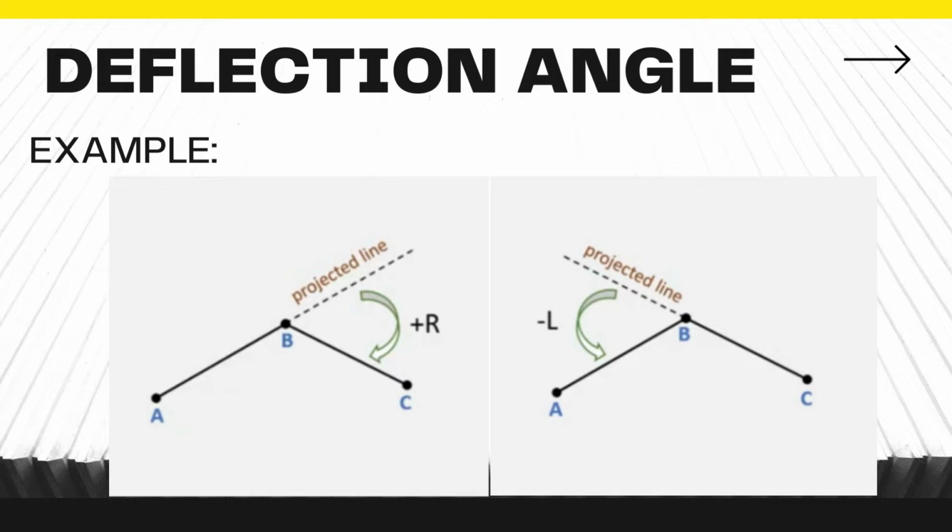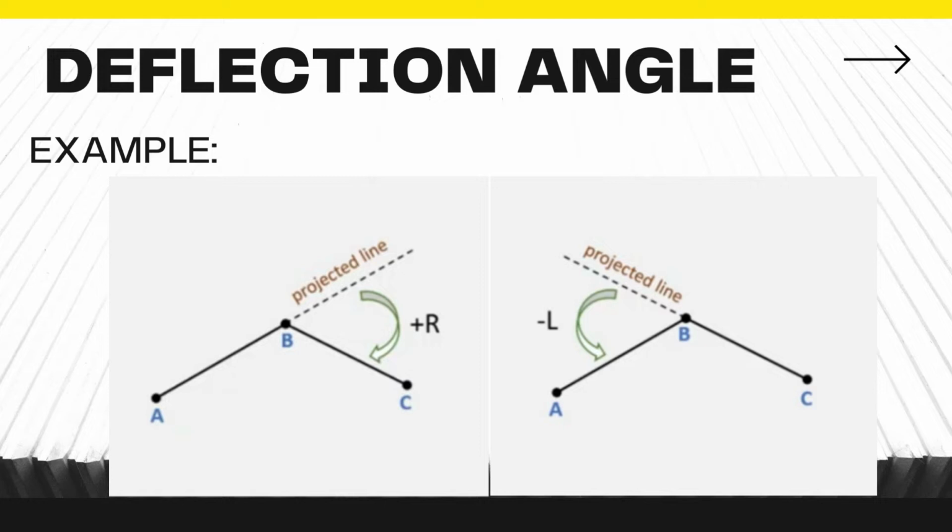From the projected line, we measure our deflection angle to the right towards line BC. Our extended line is that dotted line, so we measure our deflection angle from that to line BC. Since the deflection moves clockwise, this is a positive deflection.